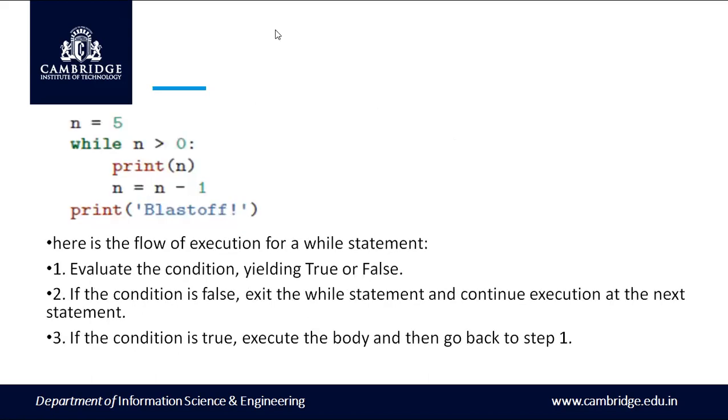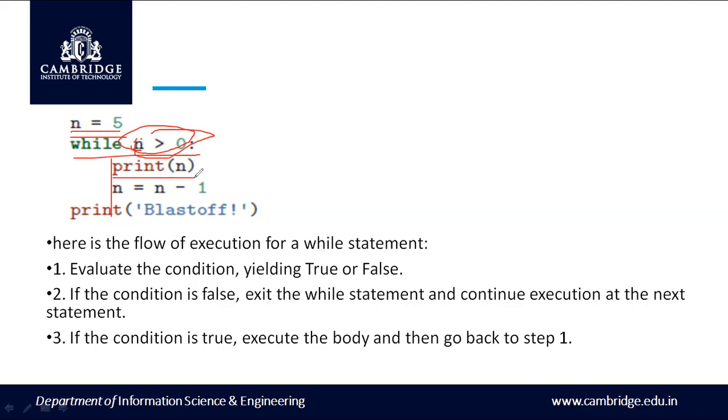Here is the program using the while statement. You can see n is assigned a value of 5. The while statement checks the condition, and only then does it enter the loop. Here the condition is n should be greater than 0. This is true because the value of n is 5, and 5 is greater than 0.